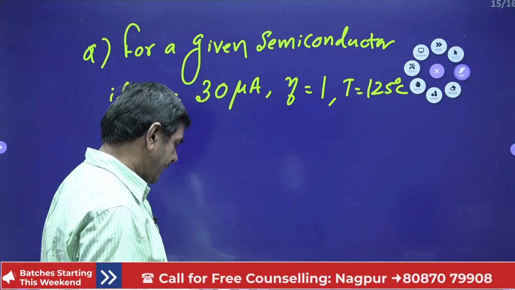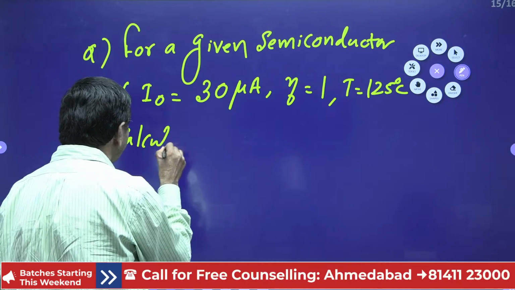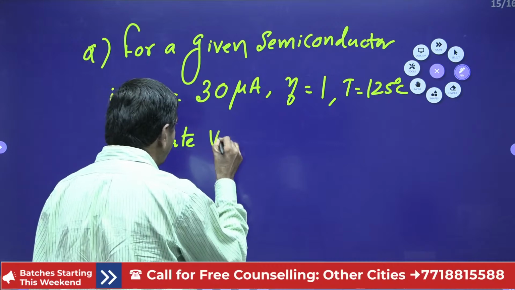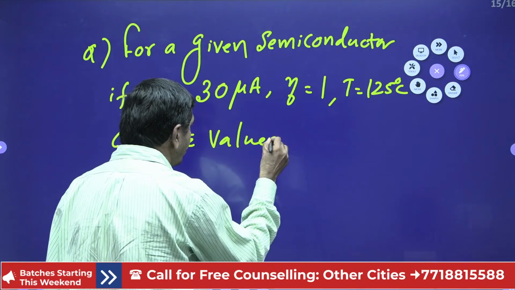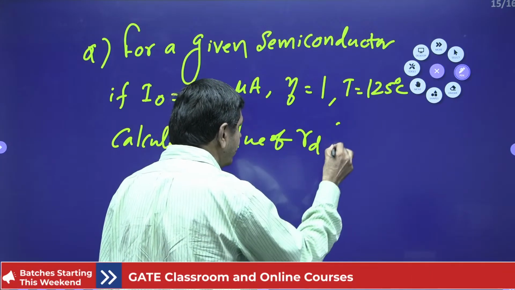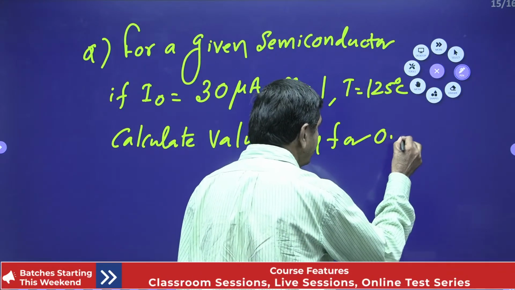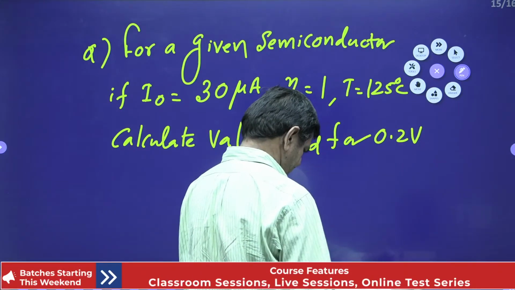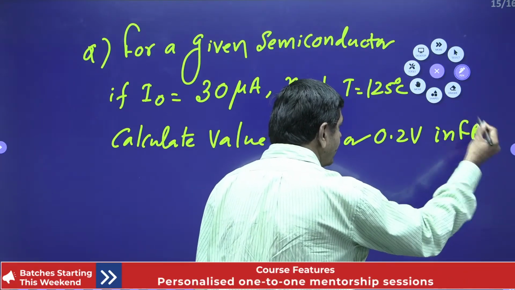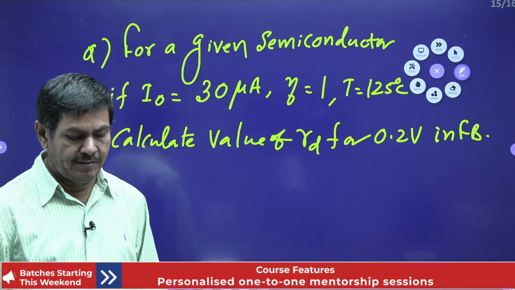What is being asked? Calculate the value of RD for 0.2 volts in forward bias. In forward bias I want it. That is the given problem.